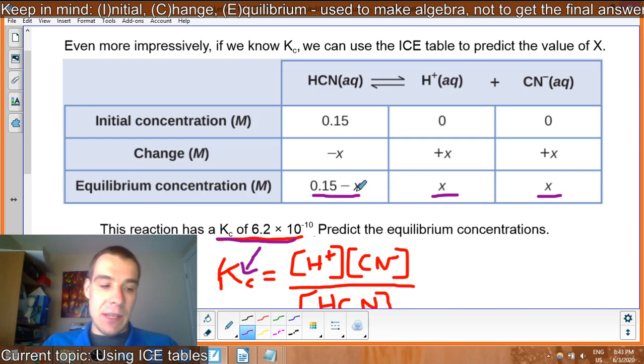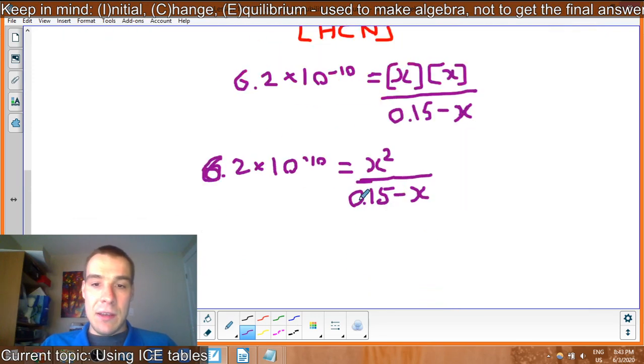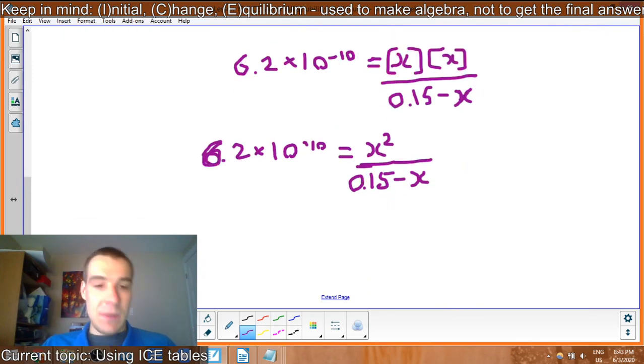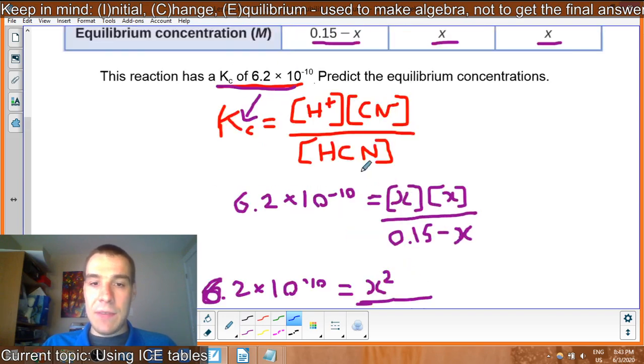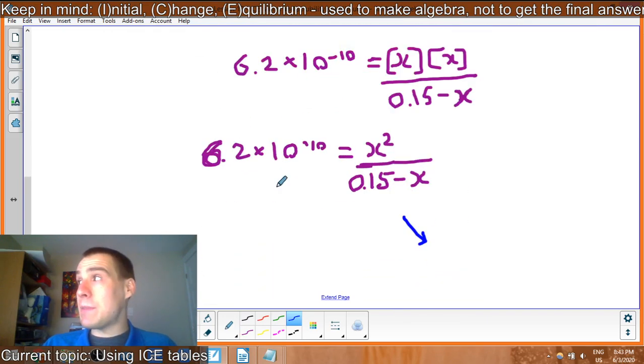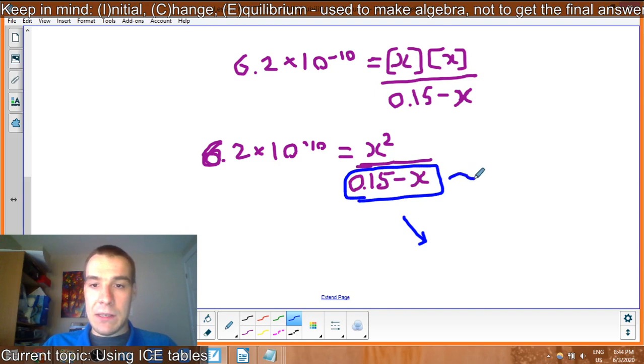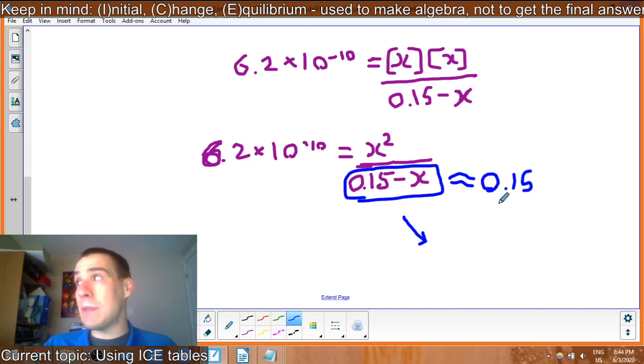So we can just take away that minus X. We can say the bottom is going to be pretty close to just 0.15, because it's 0.15 minus a very small number.